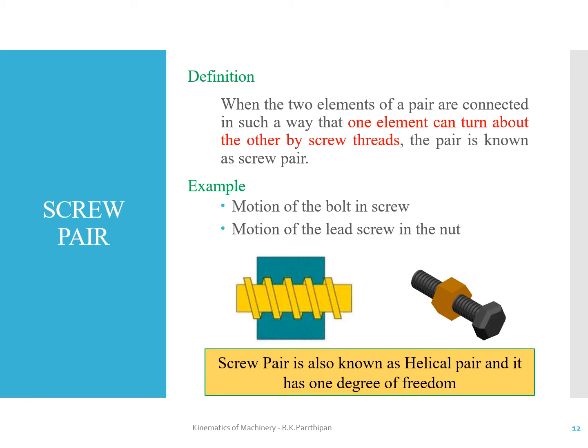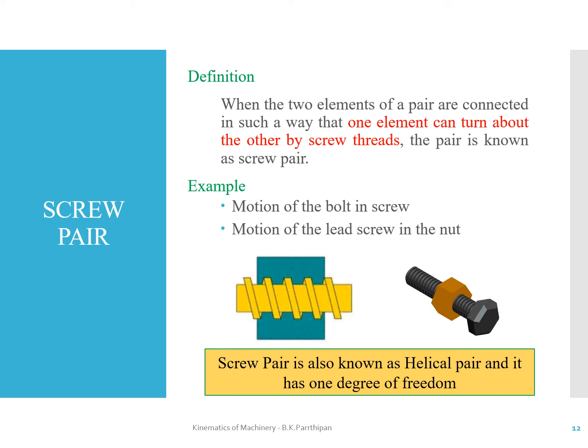The next one is screw pair. When the two elements of the pair are connected in such a way that one element turns around the other by means of screw threads, then the pair is known as screw pair.